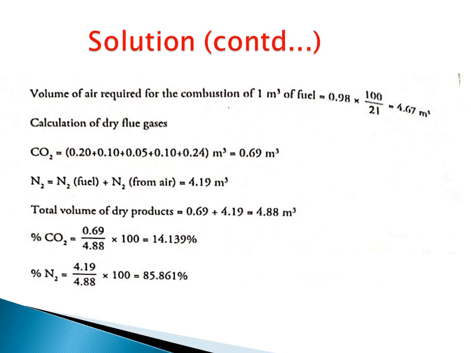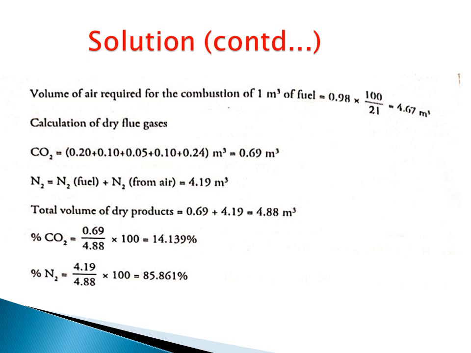Now how will you calculate the percentage composition of dry flue gases? We will add the total carbon dioxide plus total nitrogen. So 0.69 plus 4.19, that is 4.88 meter cube. Now percentage carbon dioxide will be total carbon dioxide produced upon total volume of flue gases into 100.